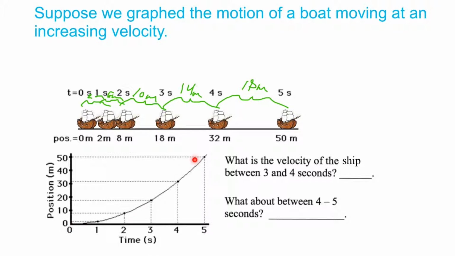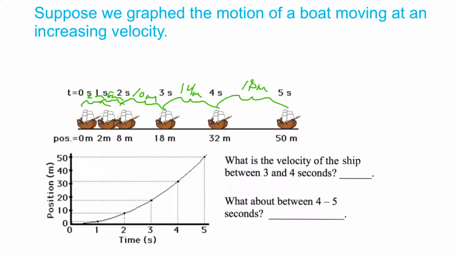Let's look at our graph here. You'll notice that the slope of this line is curved. It is not linear. Alright, so at 1 second we have 2 meters. At 2 seconds we have 8 meters, just below 10. 3 seconds is 18 meters, just below 20, and so on and so forth.